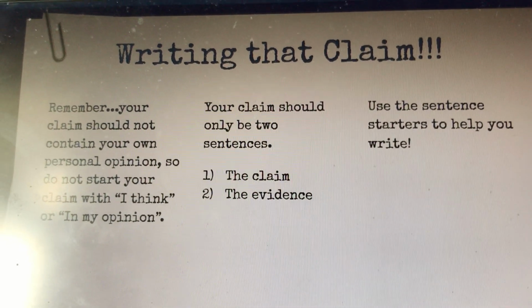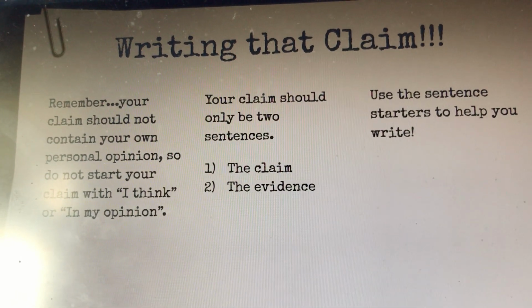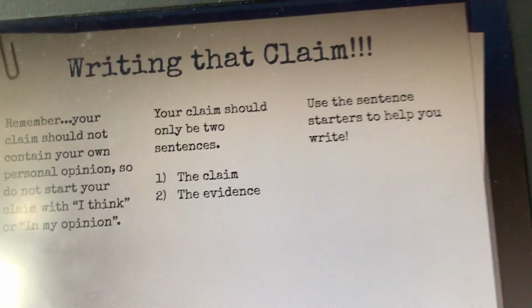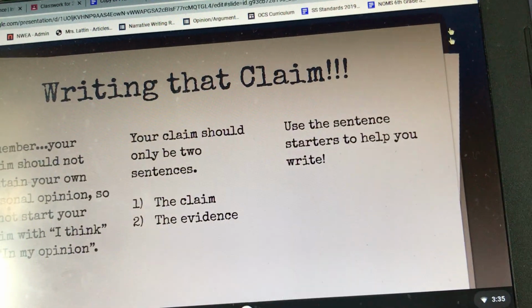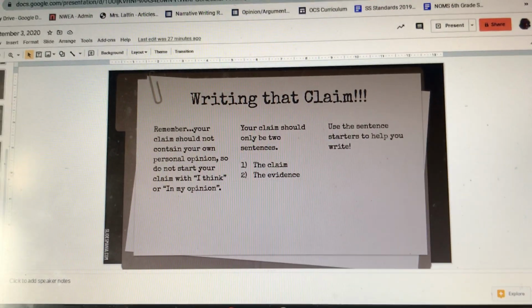When you write this claim, I want you to choose any one of the paintings. There's not a specific one that you have to choose. If you want to choose the first one, that's fantastic. If you want to choose the second one, you can do that as well. If you want to choose one of the artifacts that was in the items, you can certainly do that.